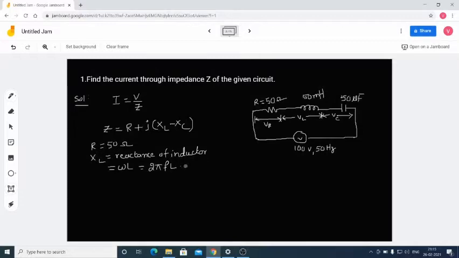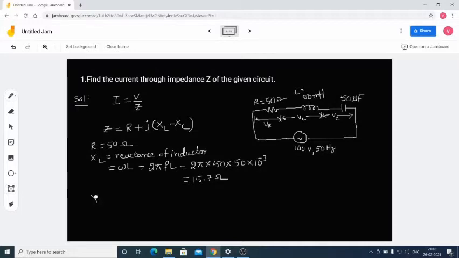In the given figure, the frequency is 50 Hz. So I am substituting the corresponding values: 2 pi into 50 into L, which is 50 millihenry. Instead of milli, I am replacing it with 10 power minus 3. On simplifying this, we will get 15.7 ohm.